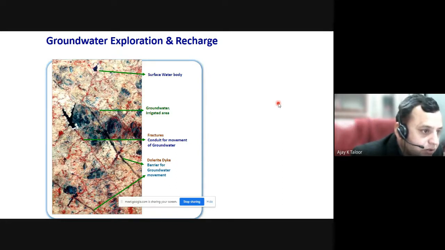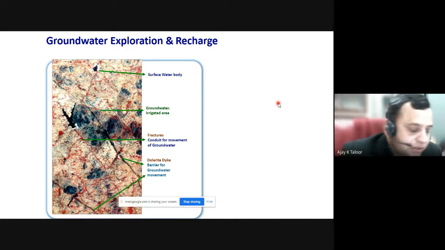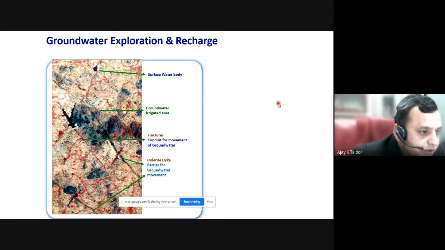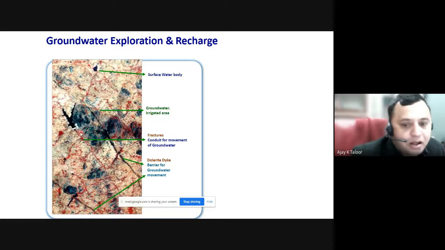These are the surface water bodies. If we look at the satellite image, in the linear features there are red colors. These red colors are vegetation. This is basically a highly fractured area, and the rocks are igneous, or you can say crystalline in nature.